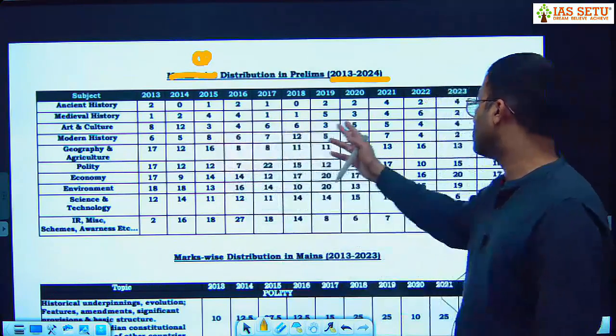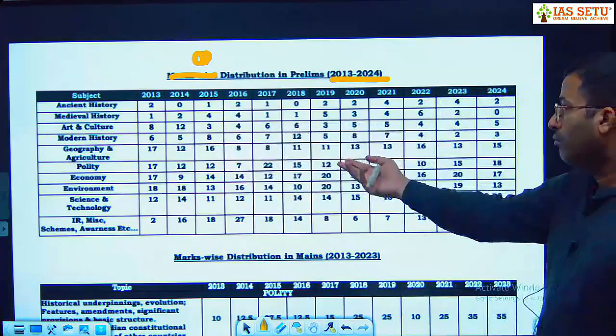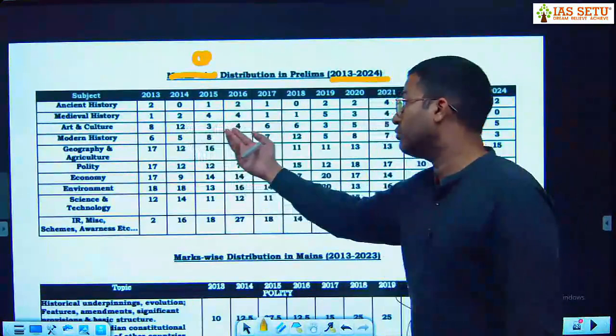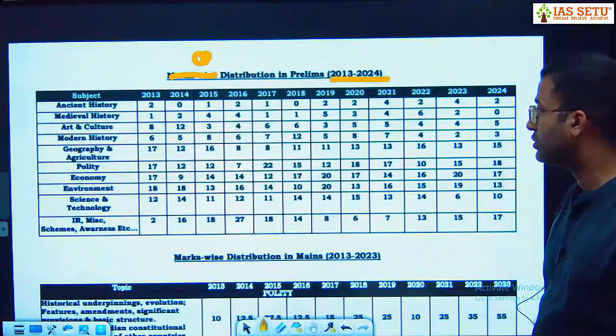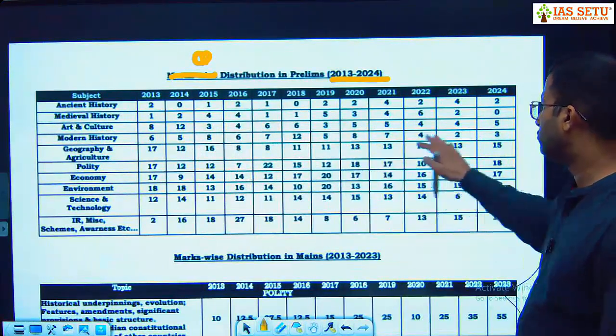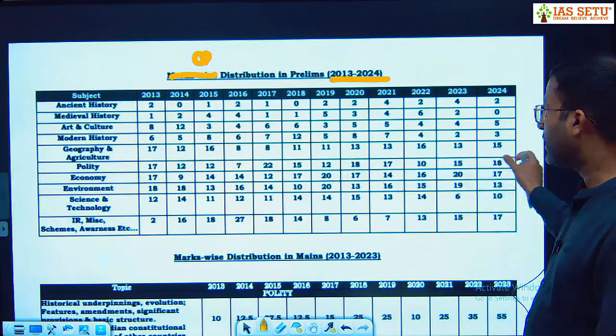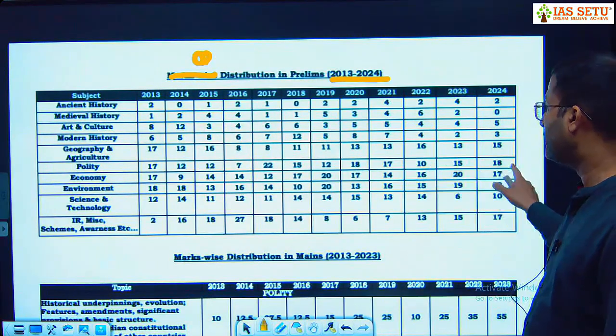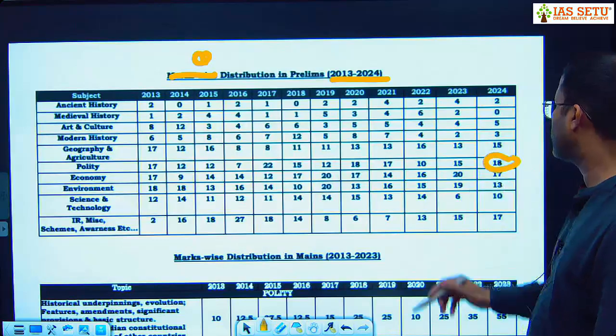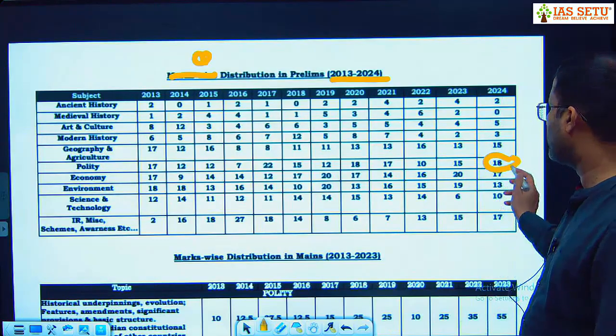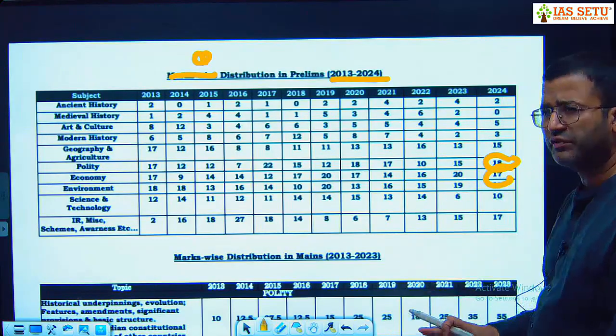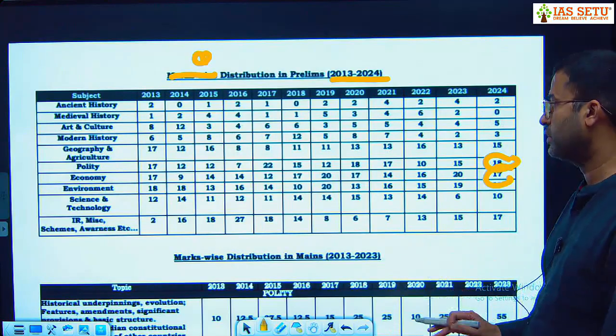Art and culture: in 2014 there were 12 questions, but the average is 5-6 questions. Modern history, geography and agriculture, then polity, this year they have asked 18 questions. Economics has more or less 15 to 20 questions weightage.